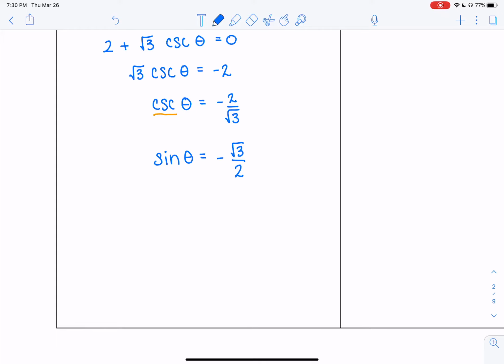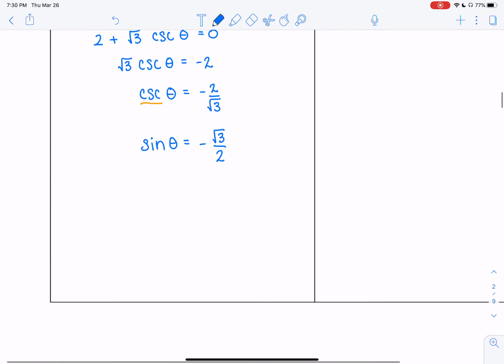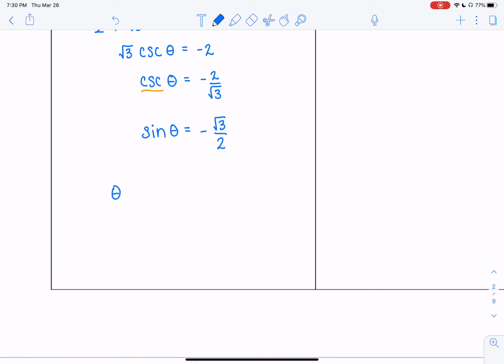That's going to be in quadrants 3 and 4. Then what are the degree values when it is root 3 over 2? I think I have 2 solutions. Theta is going to equal 240 degrees, and theta is also going to equal 300 degrees. I'm just looking at my unit circle to figure out when sine is negative root 3 over 2.